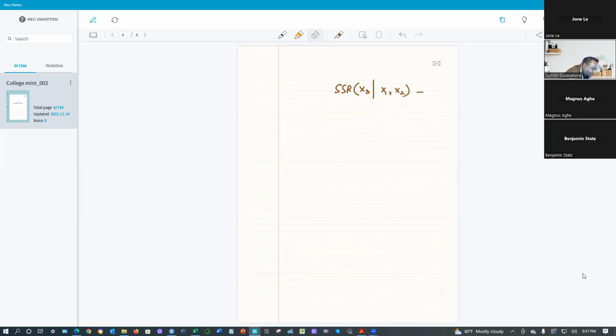Plus the last one, SSR x4 given x1, x2, x3. That means you're going to add one variable at a time. It is very related to the variable selection method. You're going to learn this down the road, starting from maybe 620, 25, 30, those classes.